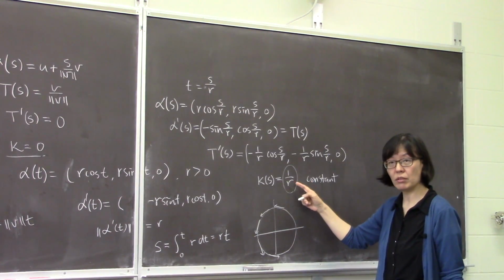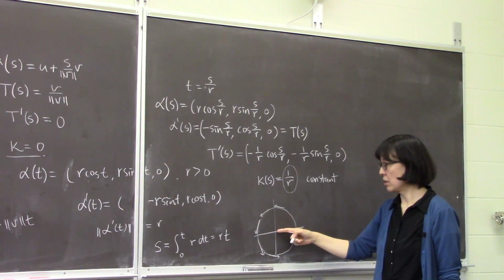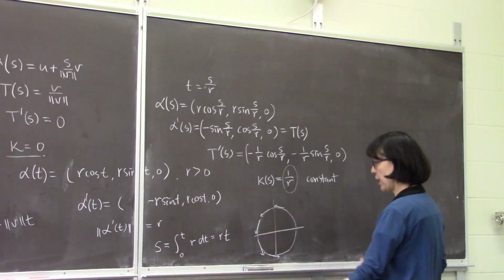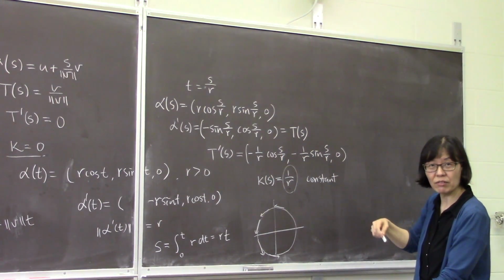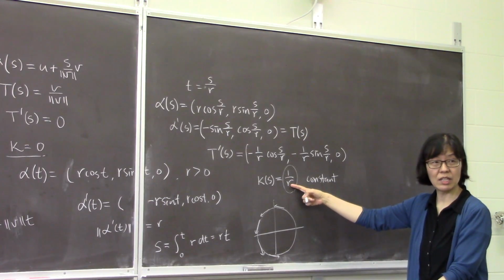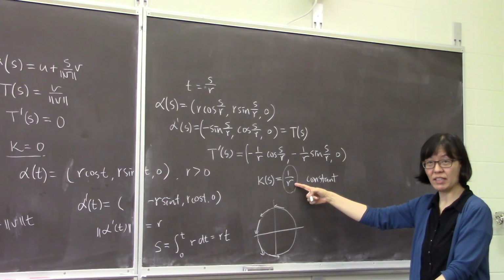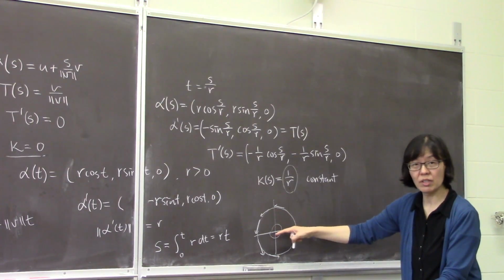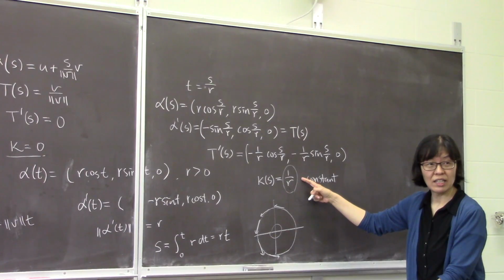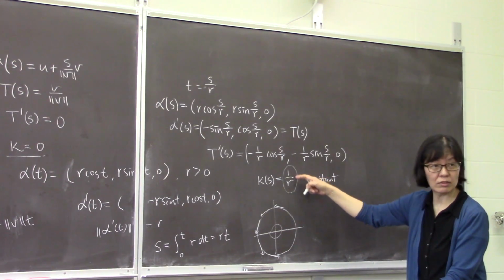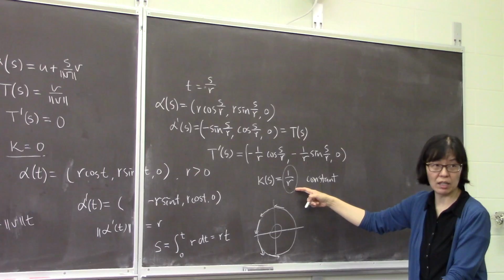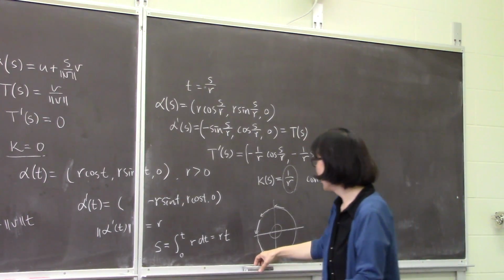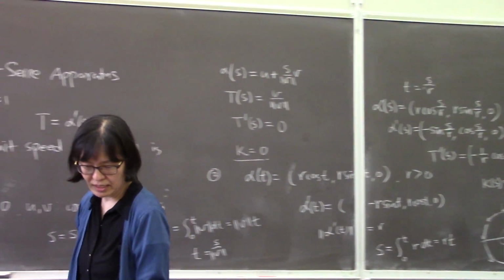Also, if you compare the value of the radius r, if the radius is big, then it curves slowly, right? So the curvature becomes smaller. If r is small, it changes quickly. So it's inversely proportional. It's 1 over r. That makes sense? Okay.